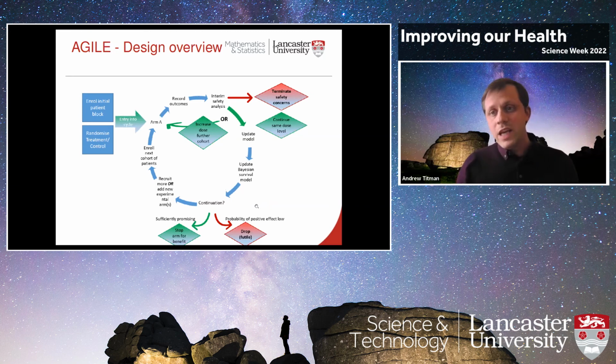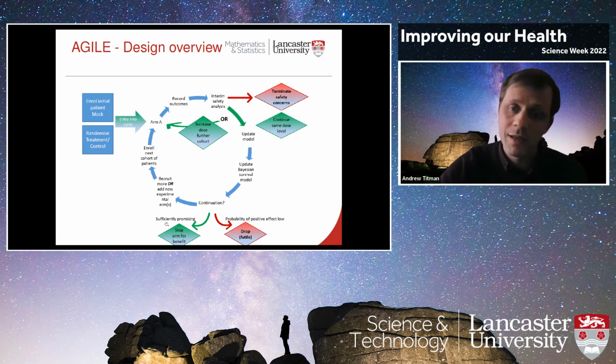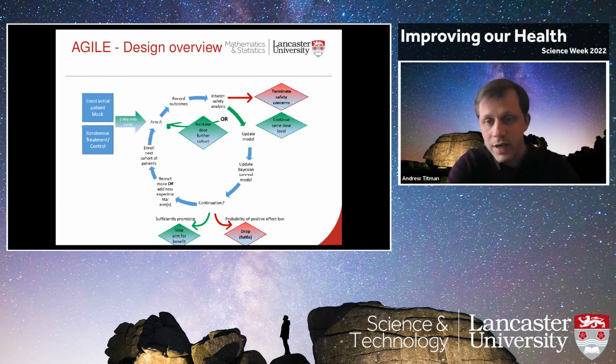Here we have a series of interims. After each batch has had 28 days of follow-up, we decide whether to continue evaluating, and we can stop early, either because the results so far are sufficiently promising that we have enough evidence to say it can proceed to phase 3, or because there's not enough evidence and so we stop for futility.